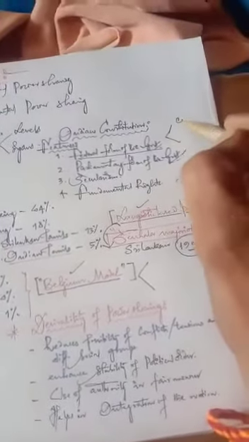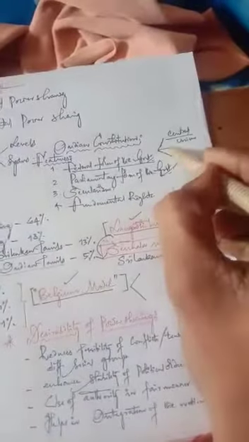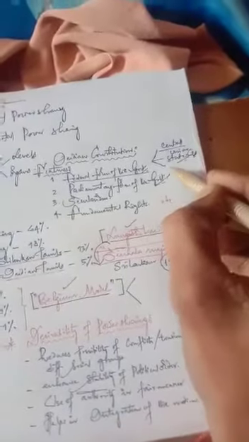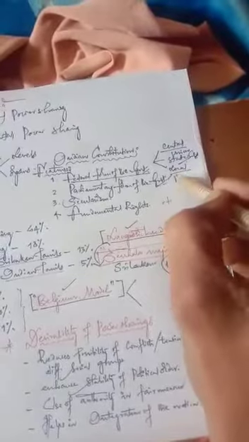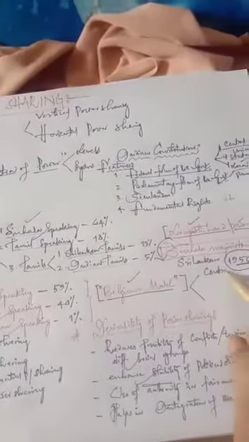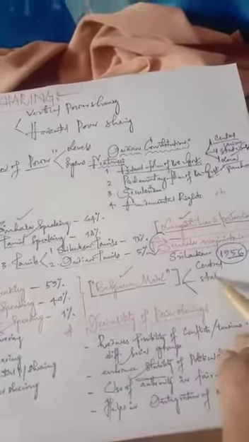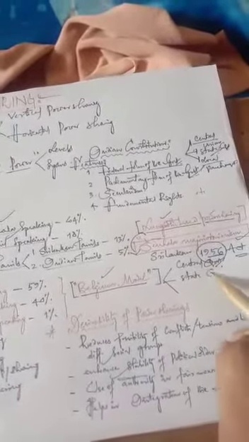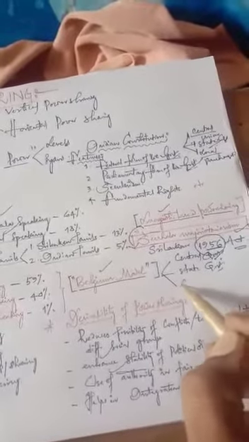There are 3 levels. One is the central government or union government. Second is the state government, state level. Third is the local government or Panchayati Raj. So we have these 3 levels of government. In the same way in Belgium also, there is central government and state government, and the last one is community government.